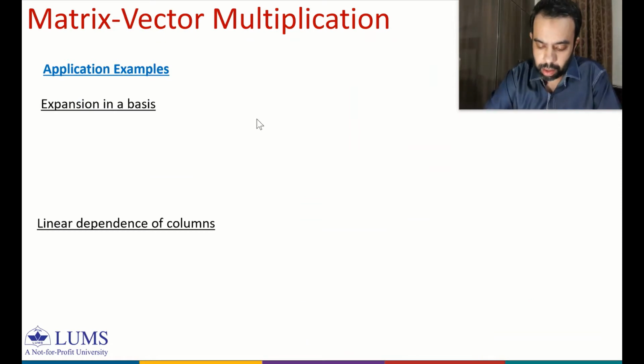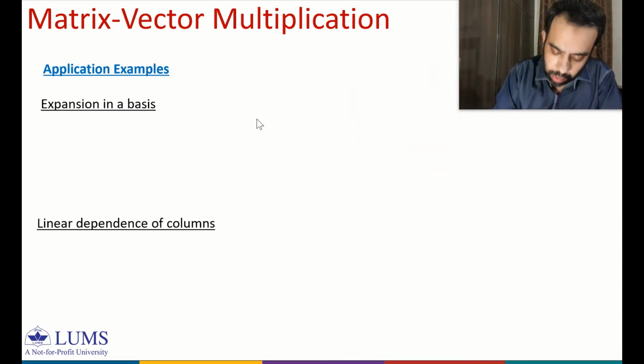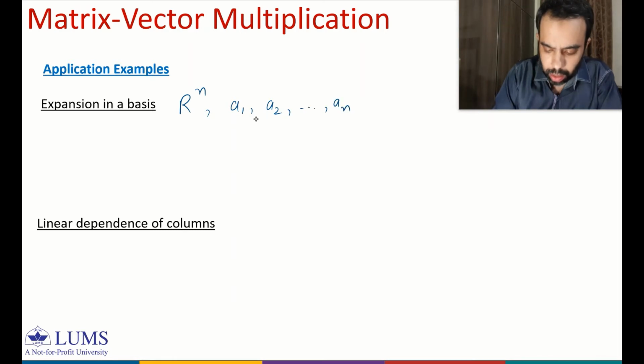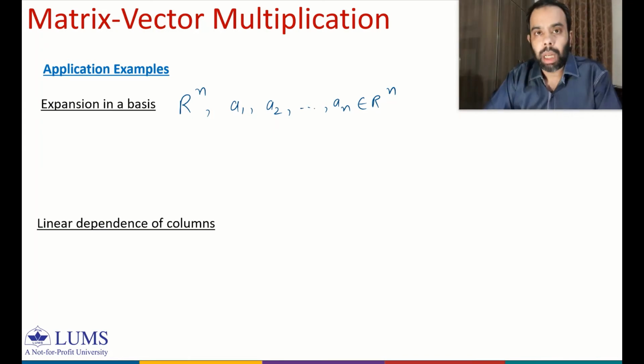Expansion in a basis. We are in Rn, and we assume that we have a1, a2, up to an, n linearly independent vectors that represent a basis of Rn.